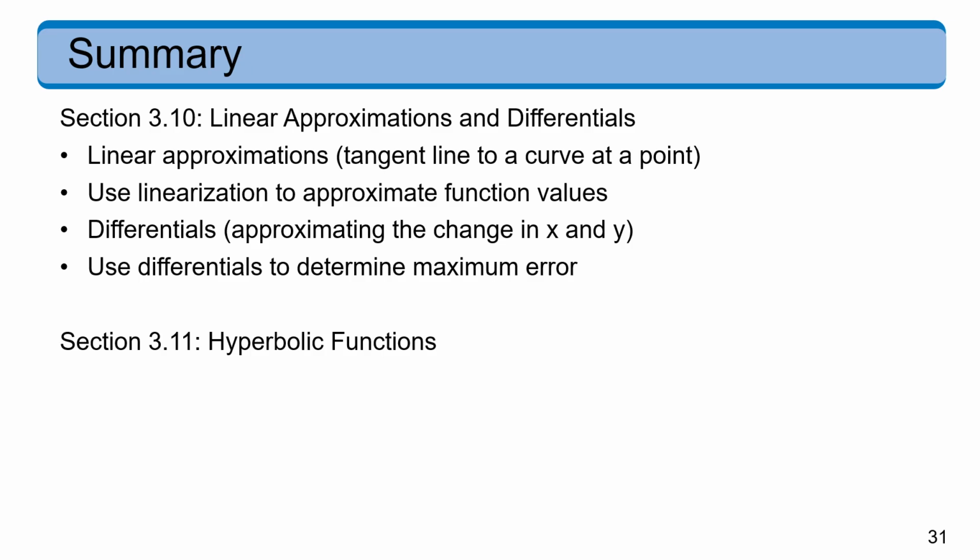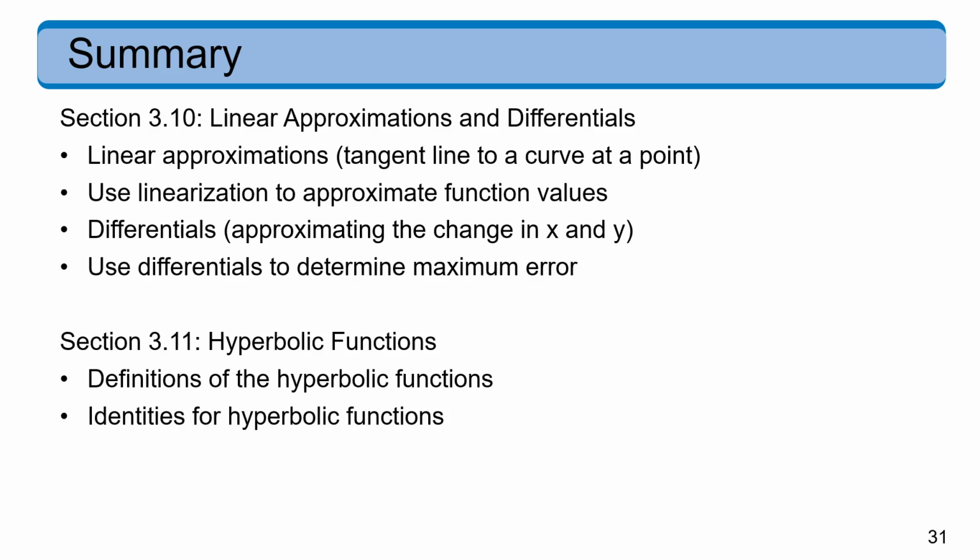And then we started section 3.11 on the hyperbolic functions. So we first defined the hyperbolic functions. They were all based on formulas involving e to the x and e to the negative x. And we gave them names that are similar to the trig functions.